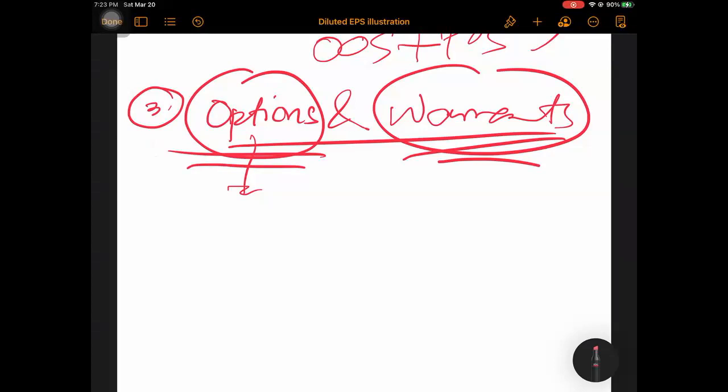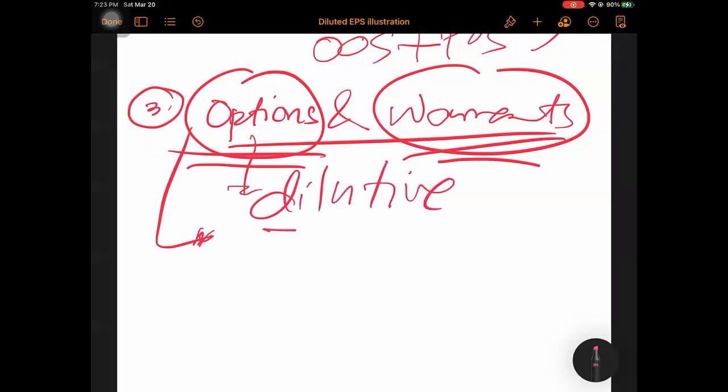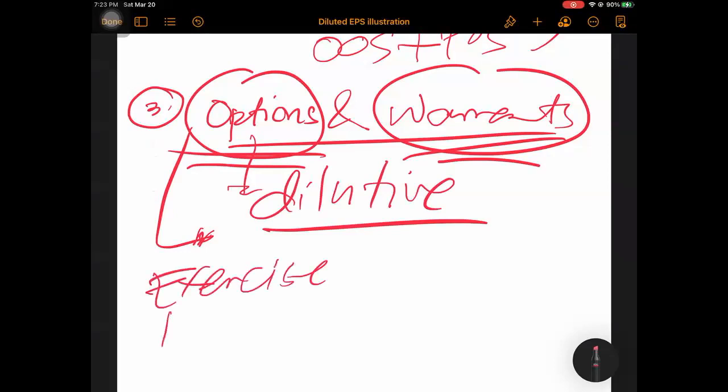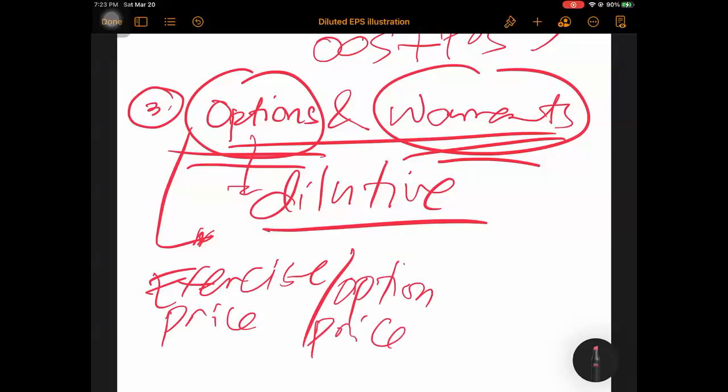Options and warrants are dilutive. They are considered dilutive securities if the exercise price or option price is less than the average market price.